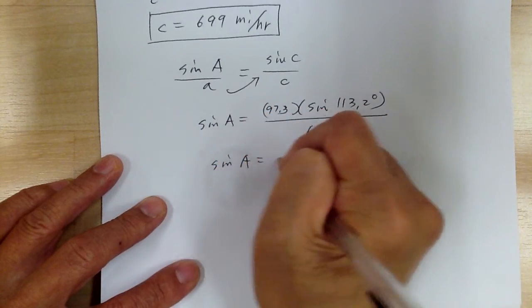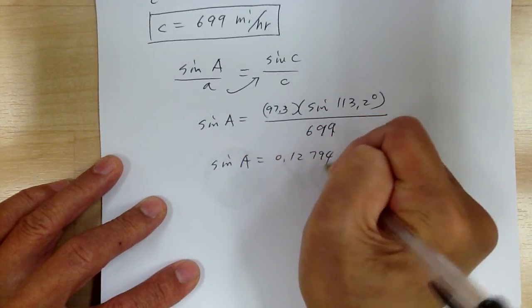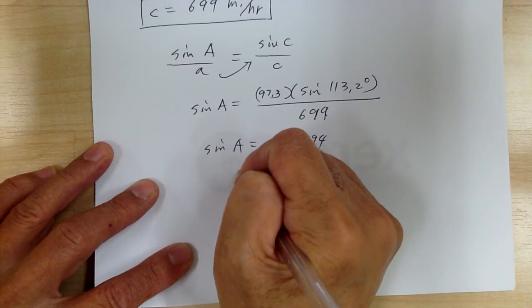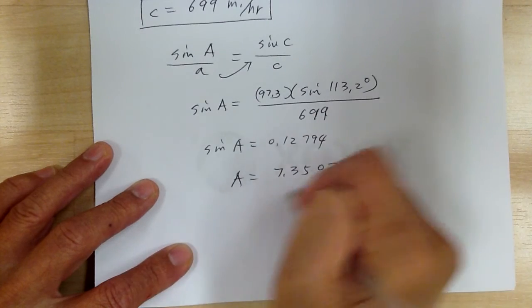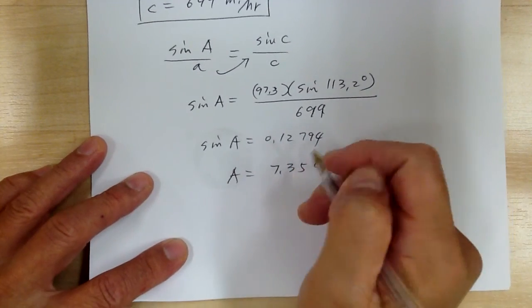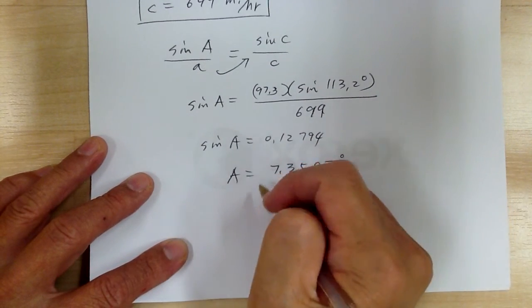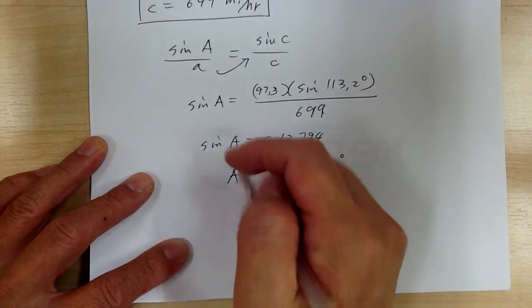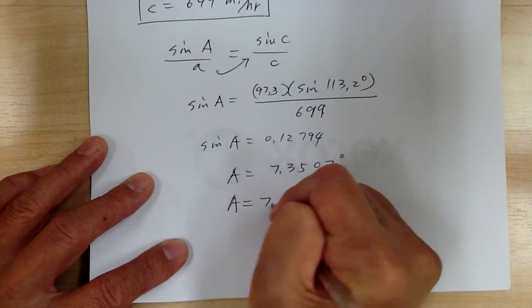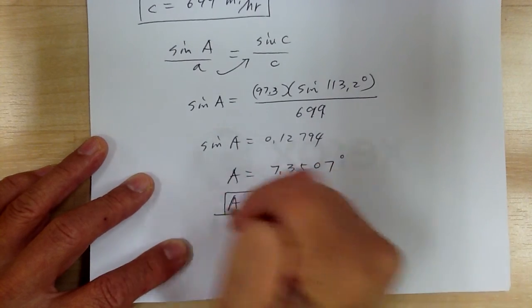So sine A equal to 0.12794. So angle A equal to 7.3507 degrees, and you're going to round it off to the nearest one decimal place. So A equal to 7.4 degrees, and that's it.